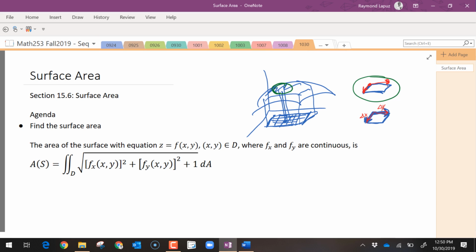So if we use this tangent plane approximation, that would approximate a little piece of the area of the surface that we're looking at. Then we can just add up a whole bunch of them, and then we would get our actual area.